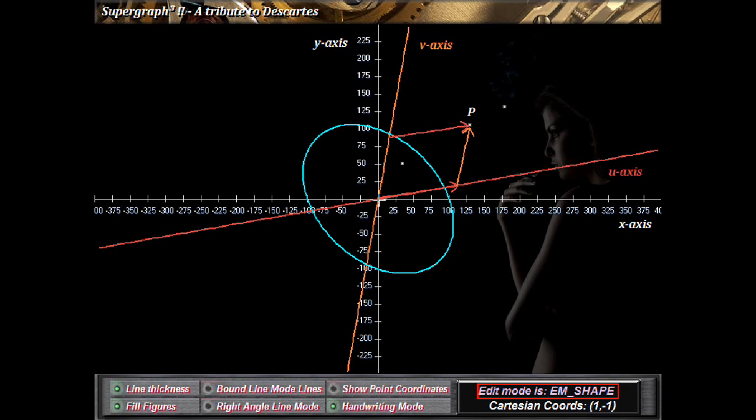So this does look like the correct way it would be viewed in the UV land.